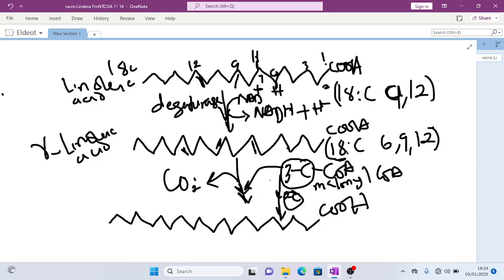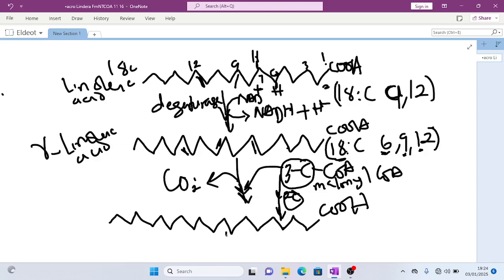So imagine the addition of 2 to the position of the double bond. The position of the double bond shifts from 6 now to 8 with the addition of 2 carbons. So we have our first unsaturation on carbon 8. This is 1, 2, 3, 4, 5, 6, 7, 8.